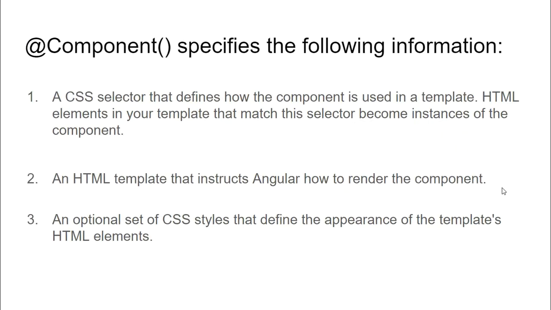The view is rendered like this, and an HTML template that instructs Angular how to render the component. Every component has a view, that would be the view of that component. Okay, an optional set of CSS styles.